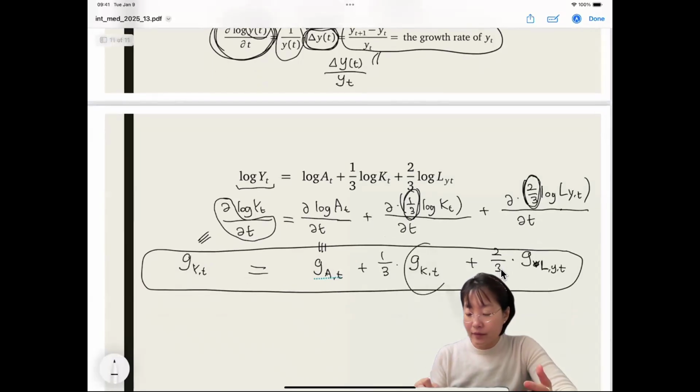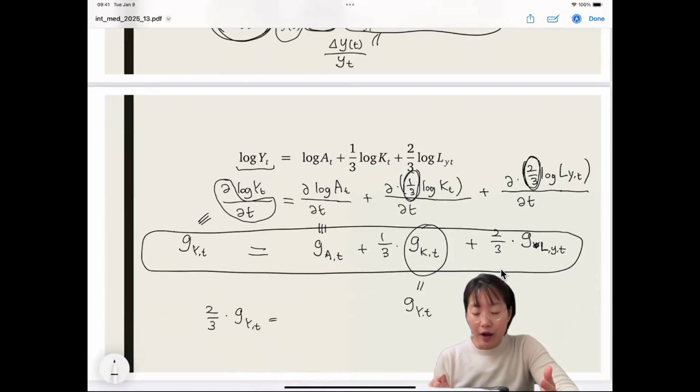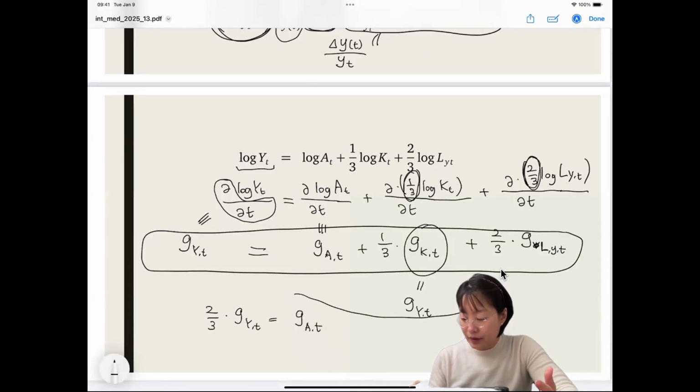Again, growth rate of capital stock is known to be the same as the growth rate of output. Then plug that in, so we have 2/3 of growth rate of output equals growth rate of ideas plus 2/3 times growth rate of workers in the manufacturing sector.